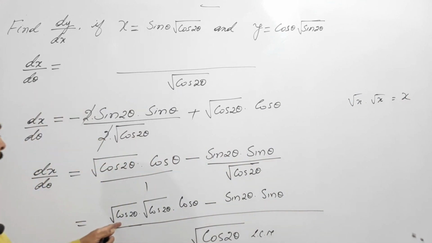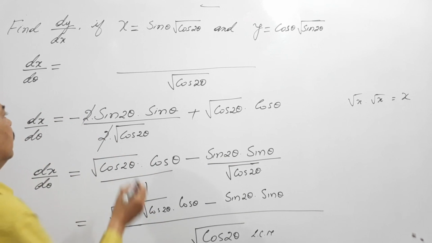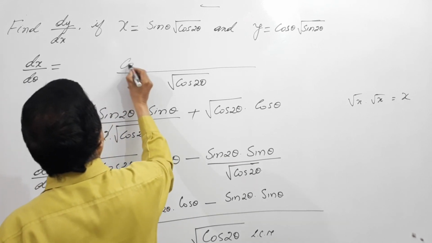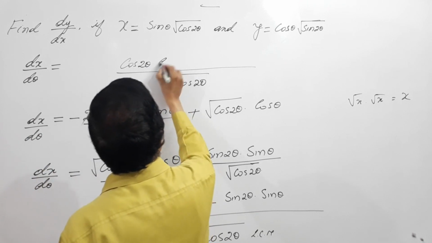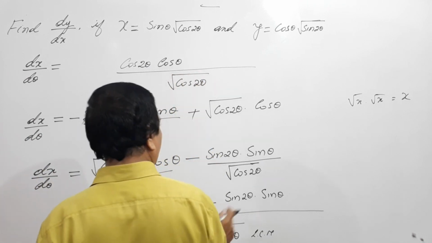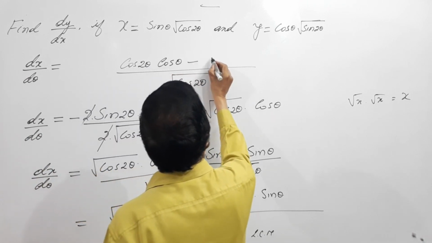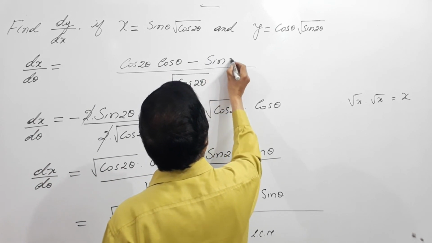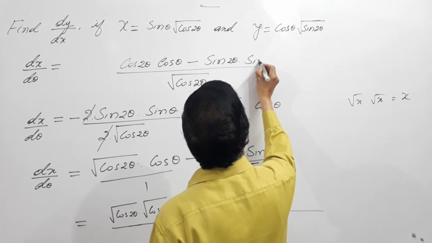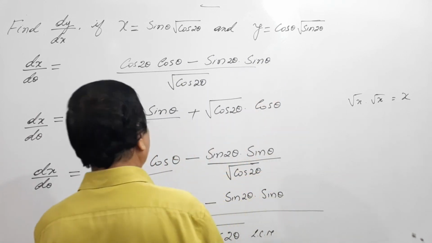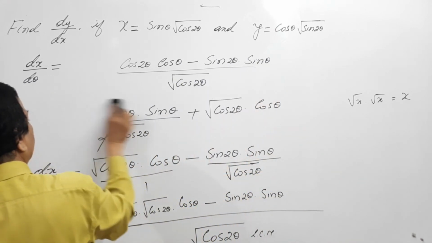Likewise, root of cos 2 theta into root of cos 2 theta becomes cos 2 theta into cos theta minus sin 2 theta into sin theta.